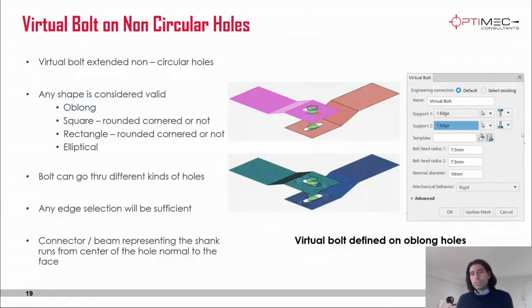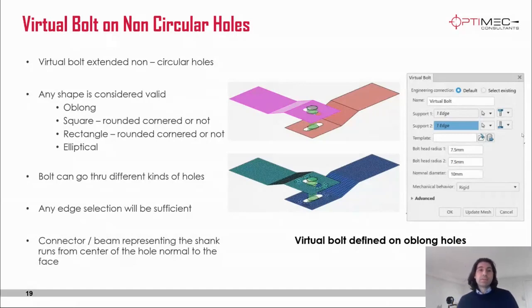The virtual bolt creates a connector between two parts, and it worked very well for circular holes, but for any non-circular holes like oblong, square, rectangular, or elliptical, we couldn't select them. We couldn't make those virtual bolt connections.